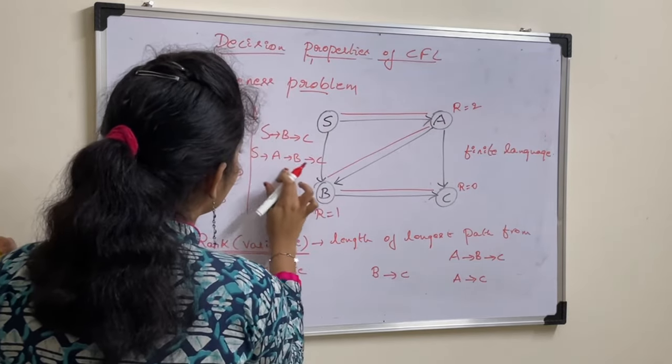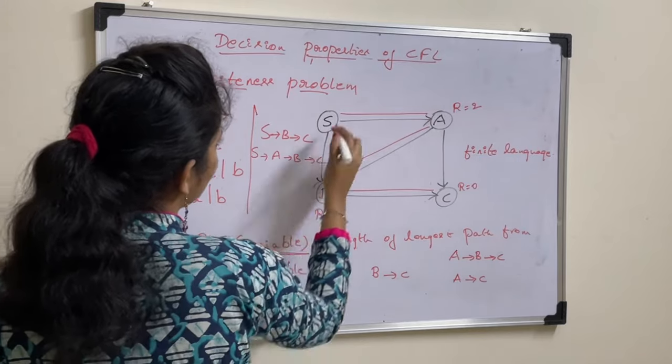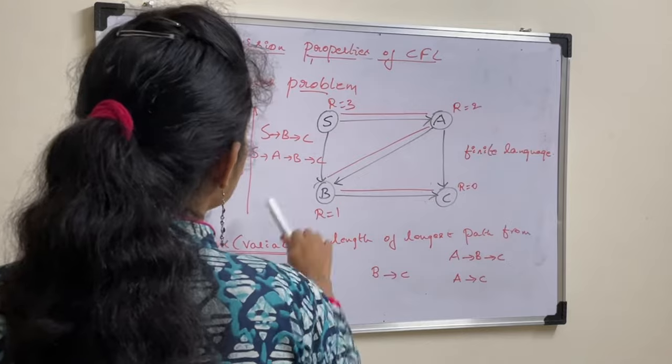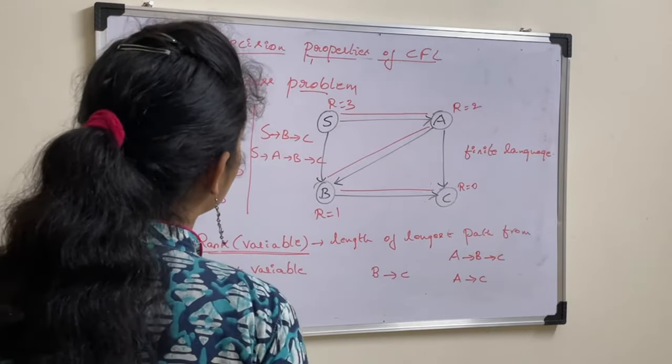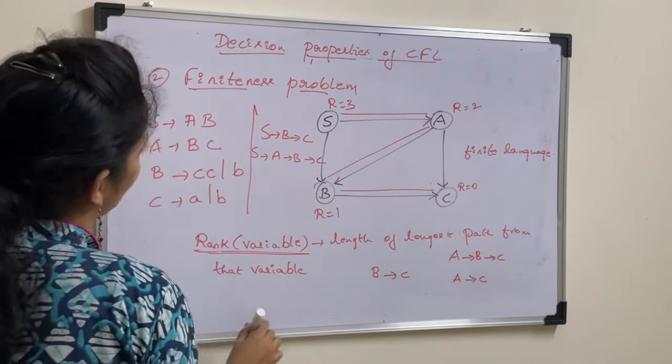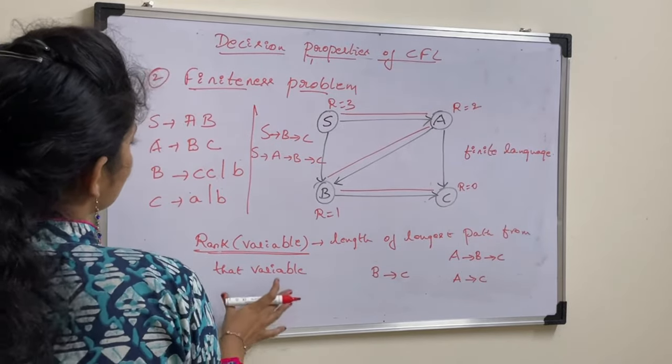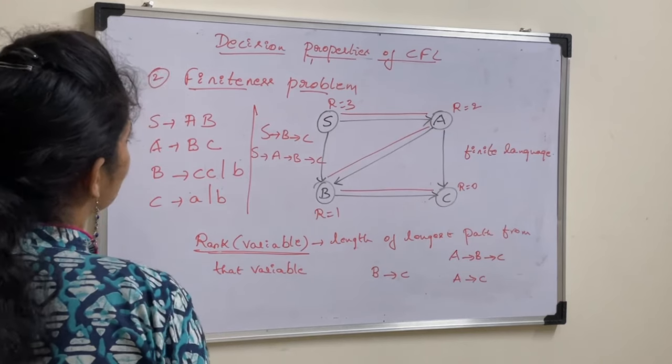The longest path is this one, so the rank of S will be 3. This is how you need to find the rank. The rank of a variable can be calculated only for finite languages. This is the main point you should remember in this finiteness problem.